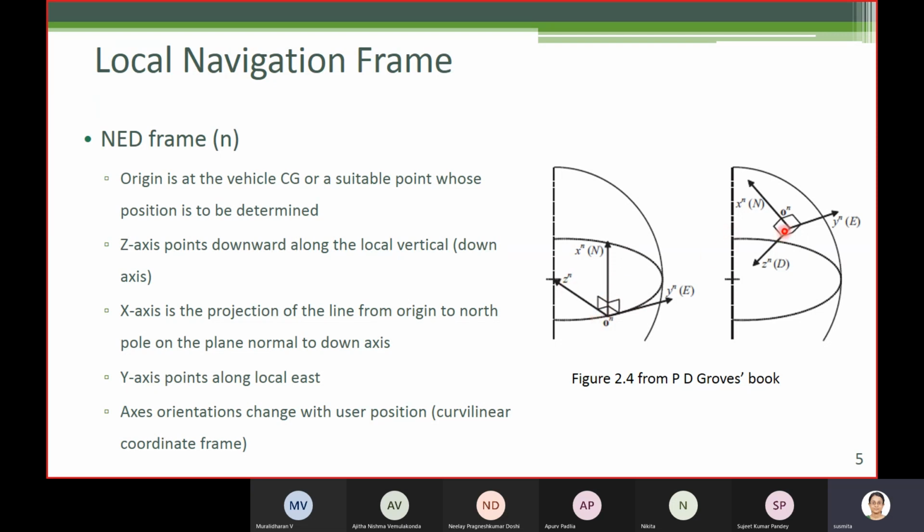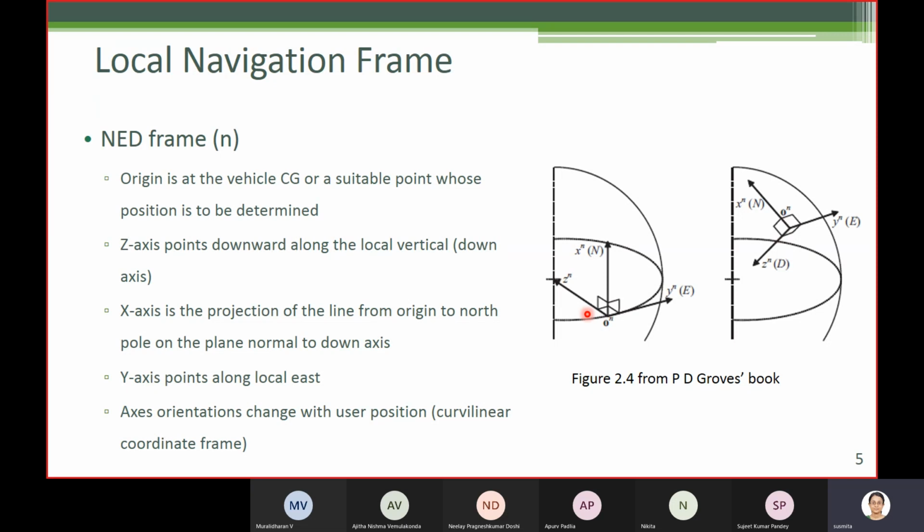So depending on the location of the origin, the orientation of the XYZ axes changes, right? But that is not the case with the previous two frames. In the ECF frame the XYZ directions are fixed. Irrespective of where the user is, the XYZ axes do not change. The same goes for the ECI frame also.